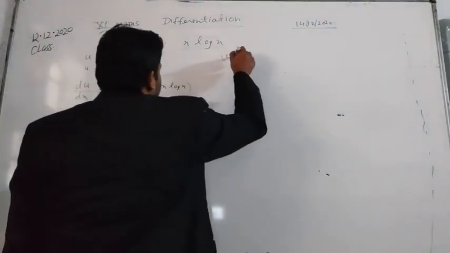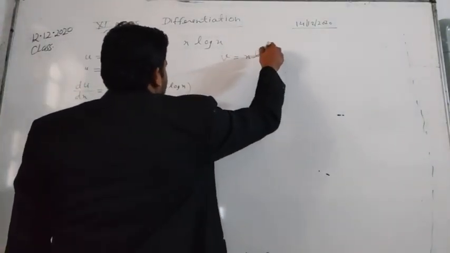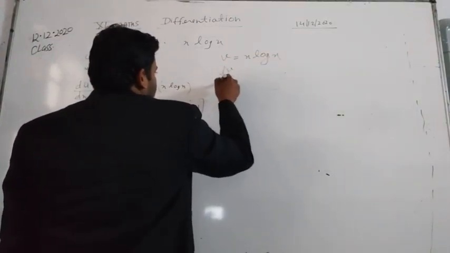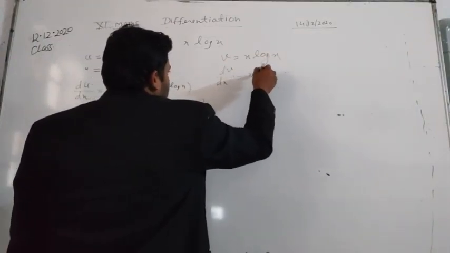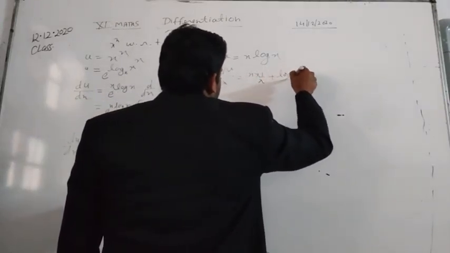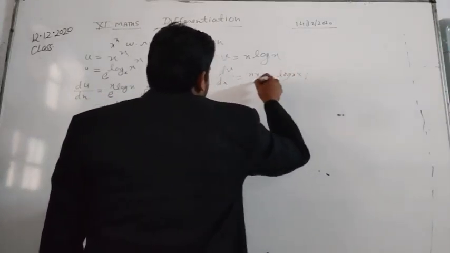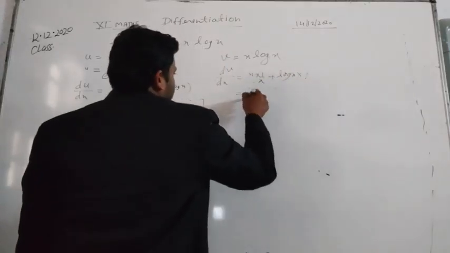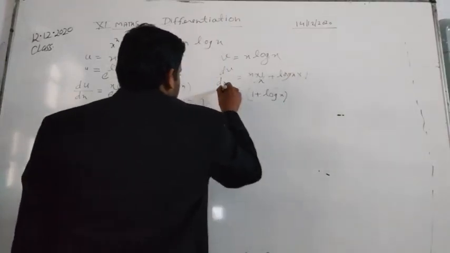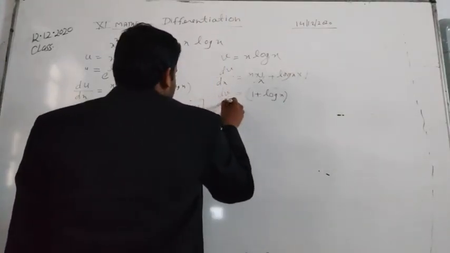Now we take v as x log x. So dv by dx is first function times differentiation of second function plus second function times differentiation of first function. So dv by dx is 1 plus log x. This is dv by dx.